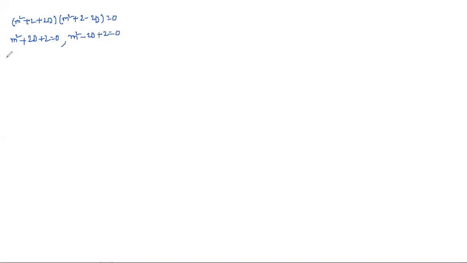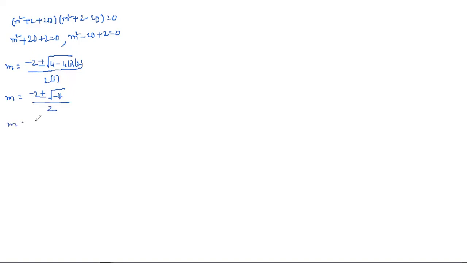Now we have to find the roots for these. This is a quadratic equation and this is also a quadratic equation, right? So simply we can write m is equal to minus b plus or minus the square root of b square minus 4ac, over 2a. So m is equal to minus 2 plus or minus the square root of 4 minus 8, that is minus 4, by 2.